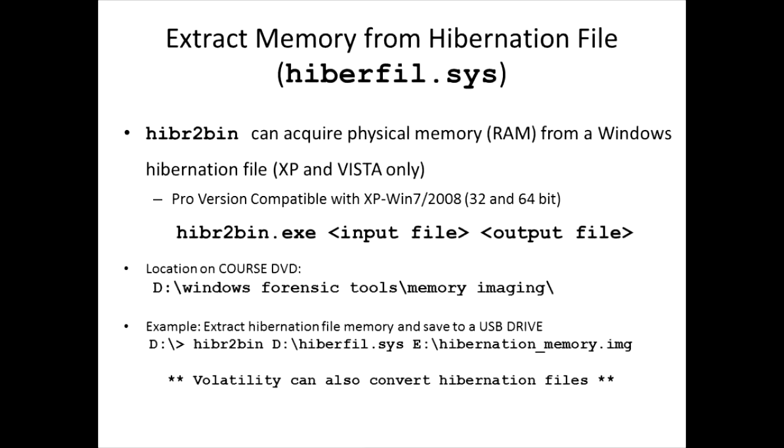If it doesn't work, there's a commercial tool from MoonSols called Hibernation, which converts hibernation files, and that one always works in my experience. It's a commercial tool, but frankly, it's not that expensive, and the MoonSols people deserve your money. So Hibernation works well for unpacking hibernation files.